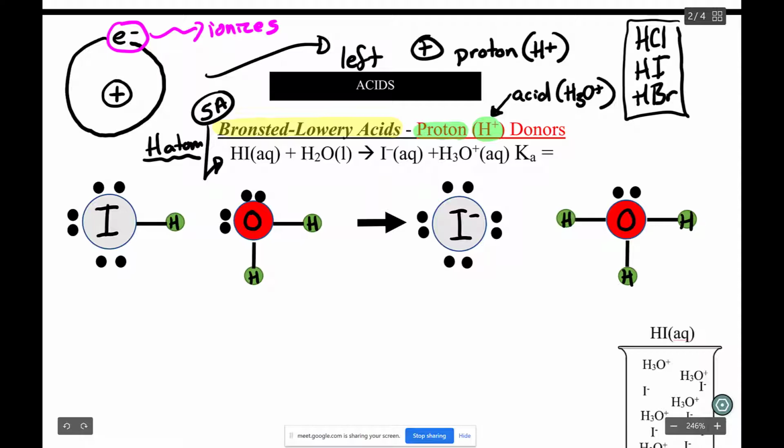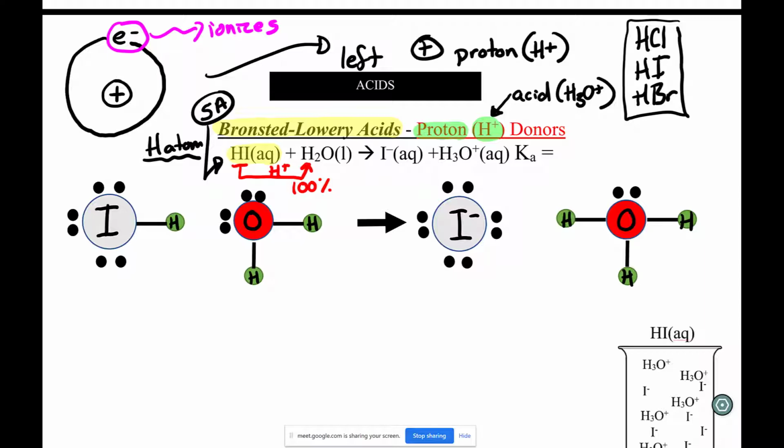So HI itself actually isn't acid. We call it acid because when you put it in water, it acts as an acid and donates a proton to water 100% of the time. That's what makes it a strong acid. Now let's look at what would happen at the molecular level.